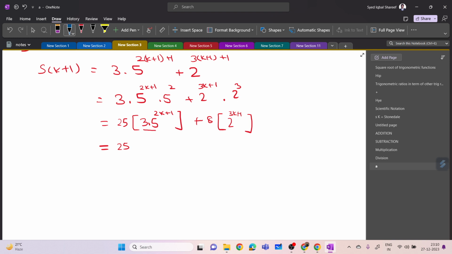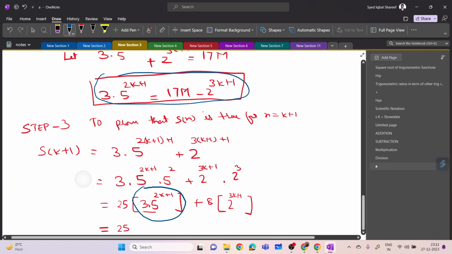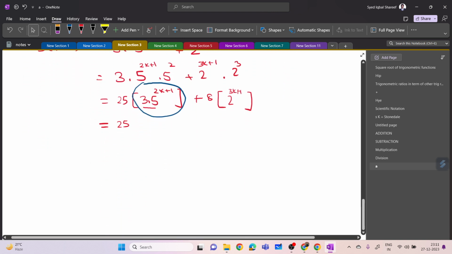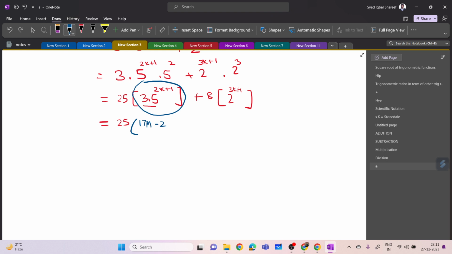So let me change the color. What do we have here? This part we are replacing by 17m minus 2 to the power of 3k plus 1. So this will be 25 into 17m minus 2 to the power of 3k plus 1, plus 8 into 2 to the power of 3k plus 1.